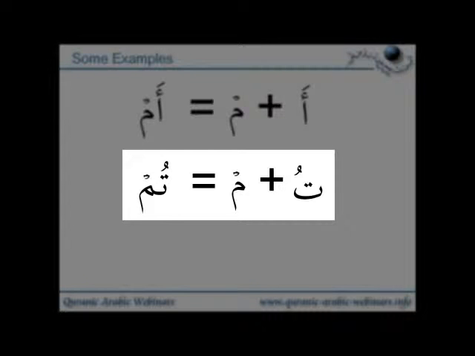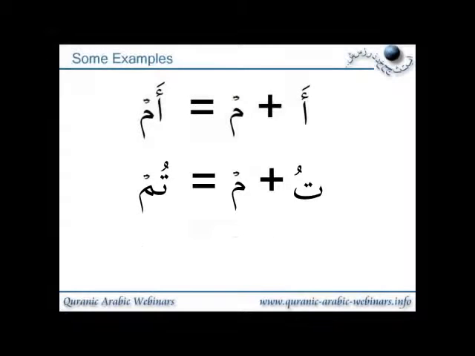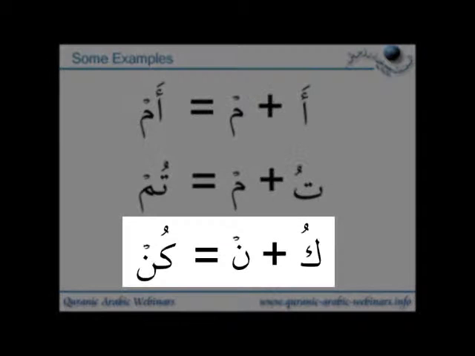So tu and then the m, tum. We have here kaf with dhamma, with the noon, with the Sukoon on it. So the sound given is kun, i.e. we have ku and then the n of the noon giving the sound of kun.